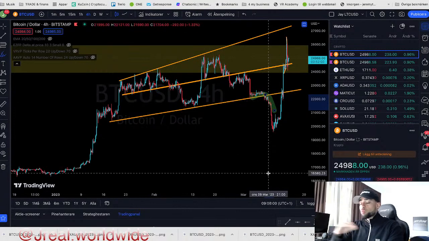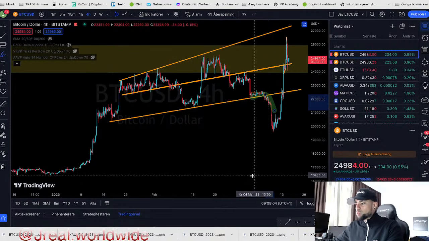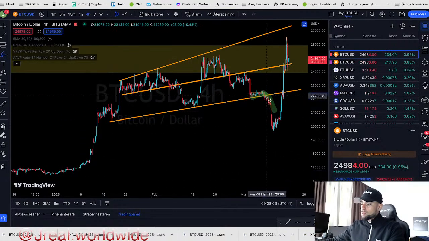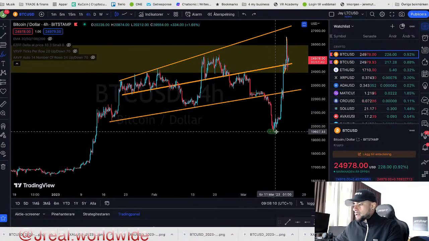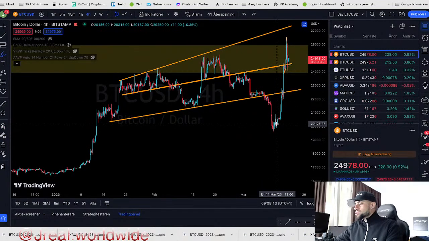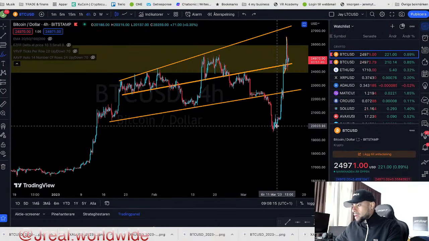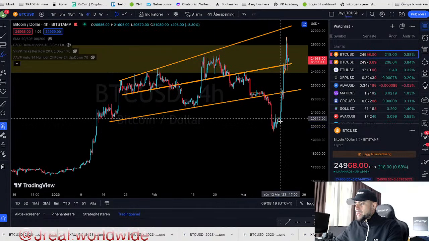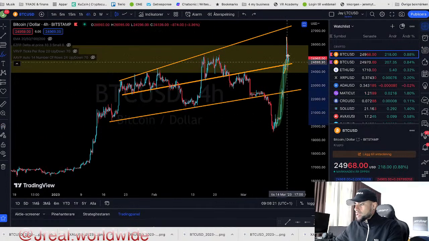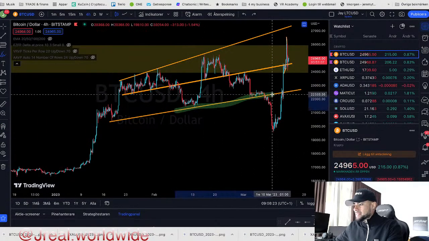So when they halted withdrawals, that made a lot of exchanges halt their withdrawals as well, and that was of course very bad for crypto. And we saw this dip. Things turned around. We saw this whole banking thing unfold, and USDC repegged again, as I mentioned, and we got this pump, and we are back inside the channel.